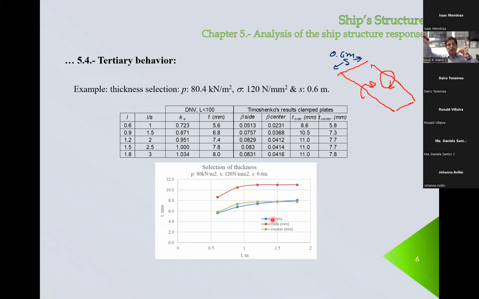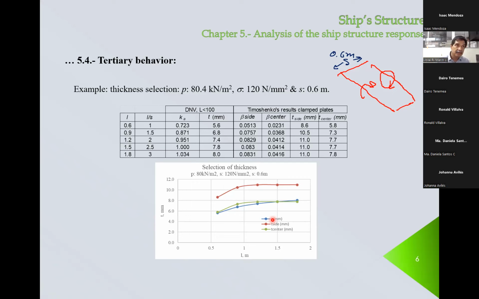Then we go back to positive. So that in a certain sense gives you the idea that we are analyzing a clamped plate, but it's not completely clamped, because the stiffeners, when they deform, they also rotate a little bit. And that produces a redistribution in the bending moment on the plate.